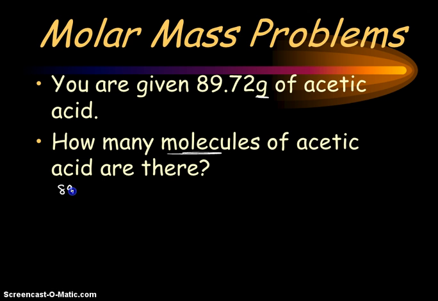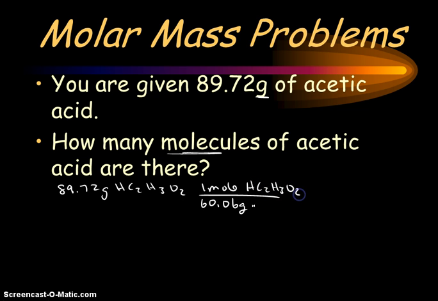We've got 89.72 grams of HC2H3O2. We want to cancel out grams, so we found out that 60.06 grams equals 1 mole for acetic acid. That'll cancel out grams of acetic acid.